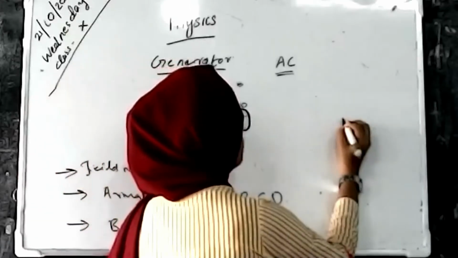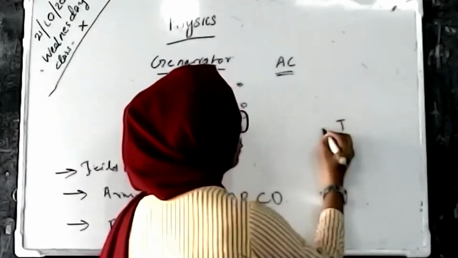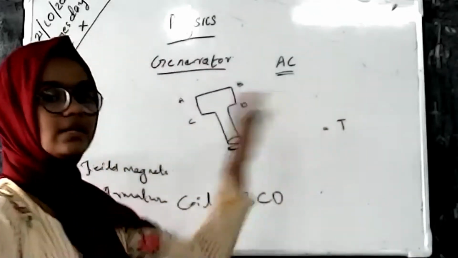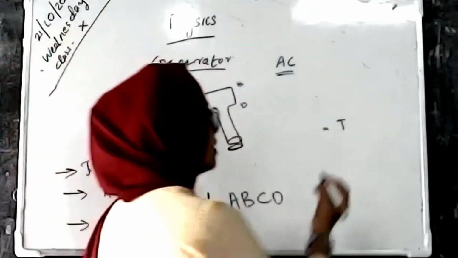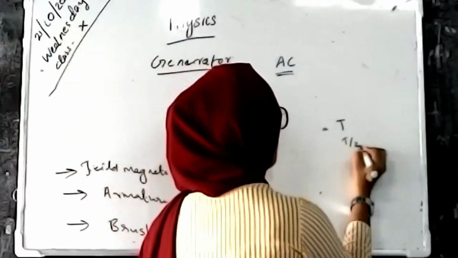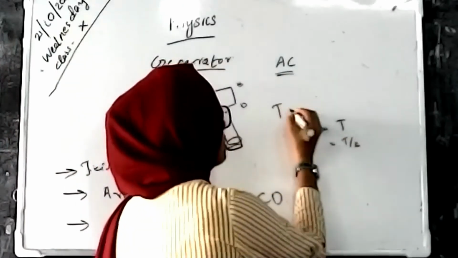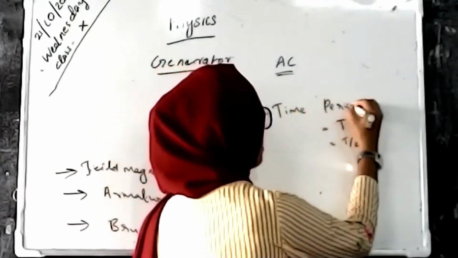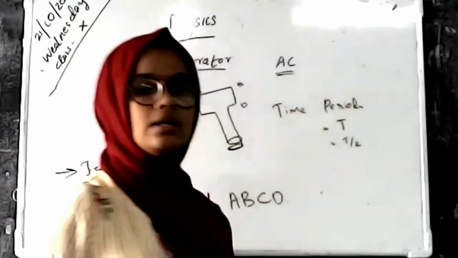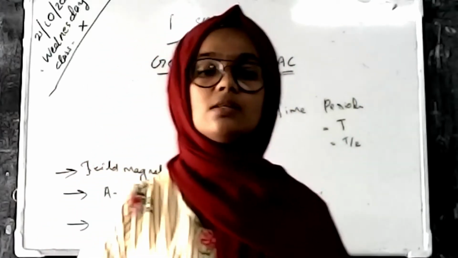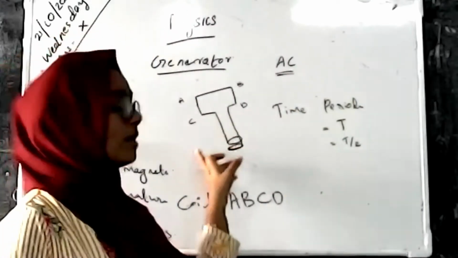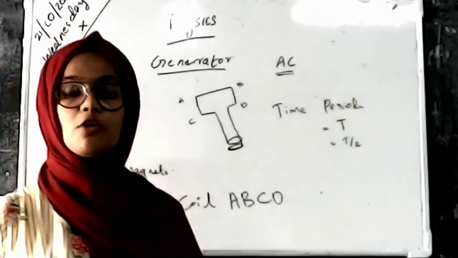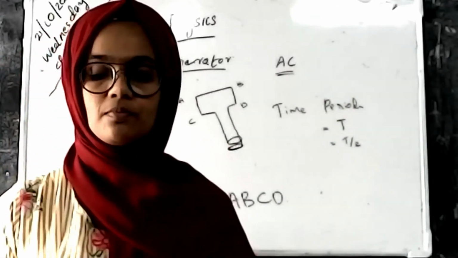The time period for one complete rotation of an armature coil is T, and for half a rotation it is T by 2. So what is the time period? It is the time taken to complete one full rotation of an armature coil.